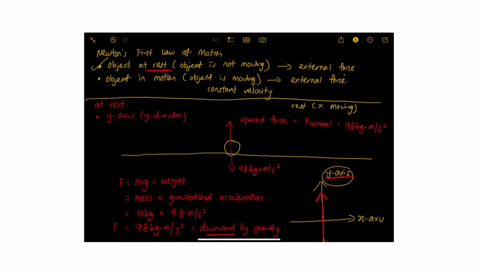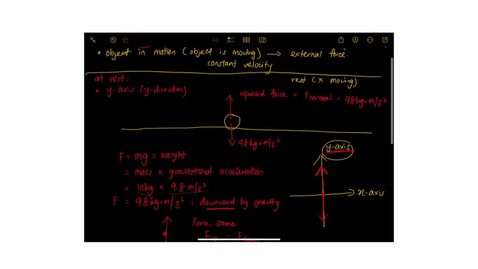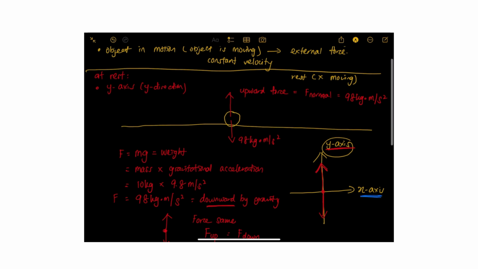So now let's come to another part for object at rest. How about the x-axis? So we have this in the x-axis, the right hand side and the left hand side.